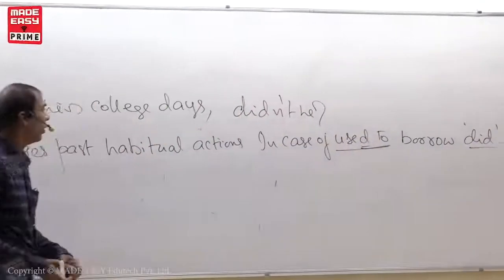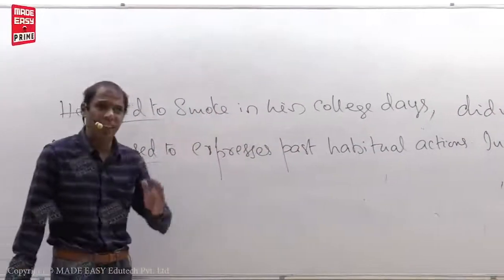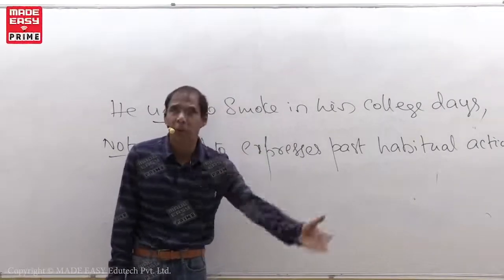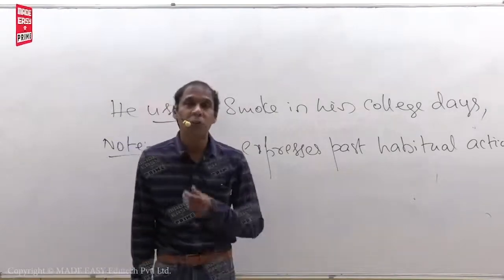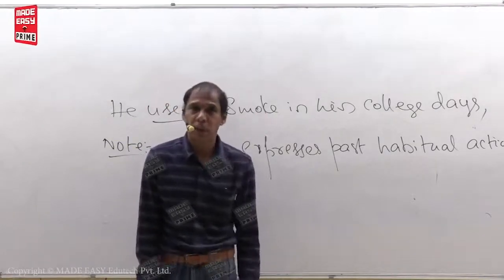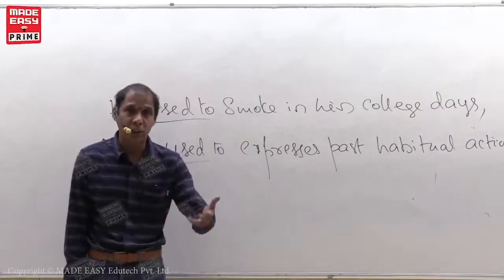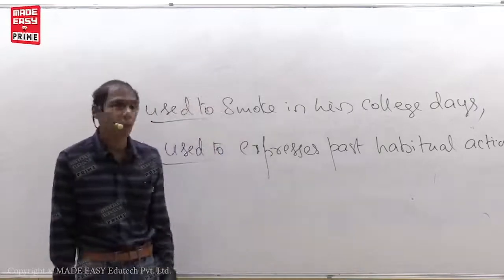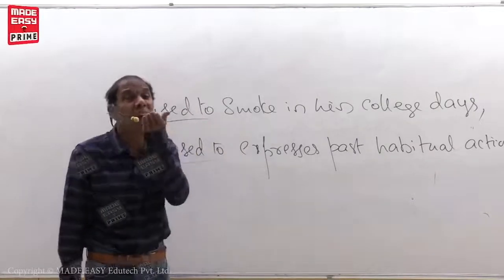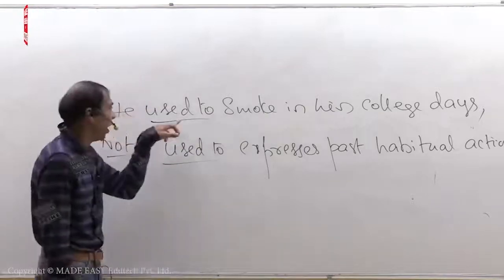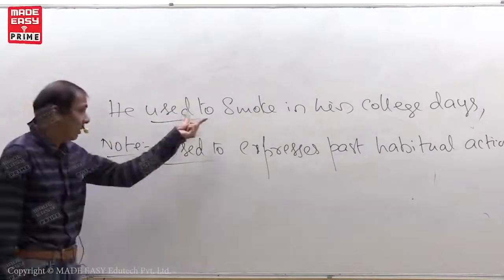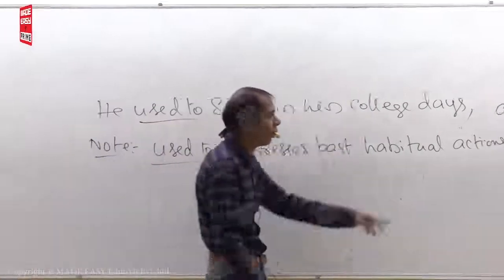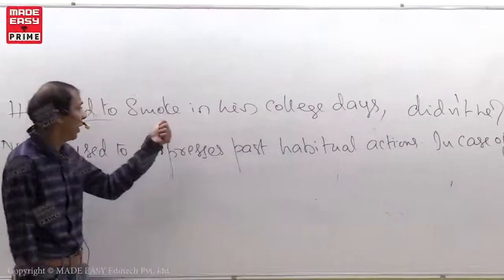Now see, used to always expresses past habitual actions, what I repeatedly used to do in the past. For example, I used to sing songs in my college days. Similarly, I used to play cricket in my college days. So when you find used to in a sentence, it means the sentence is dealing with a past habitual action. In the case of past, what do you have to borrow? Did. That's all.